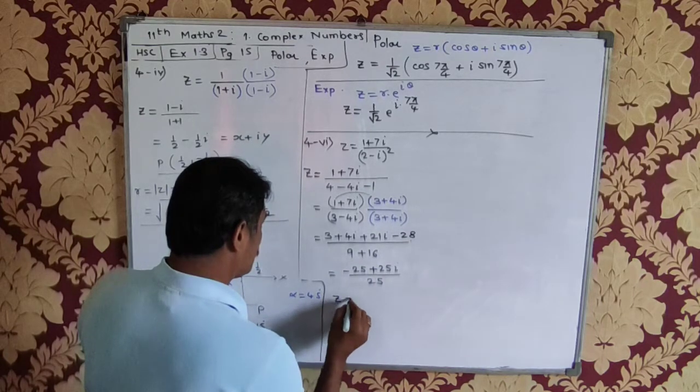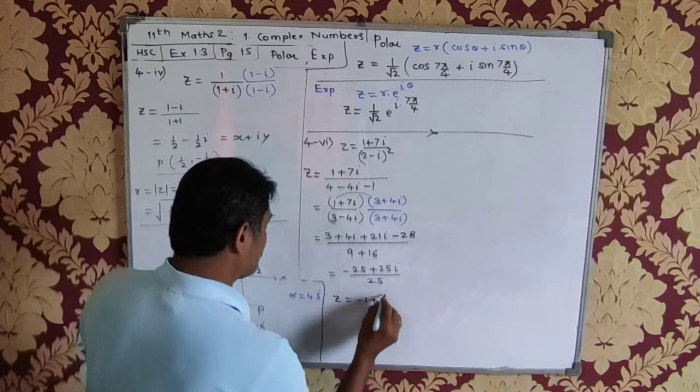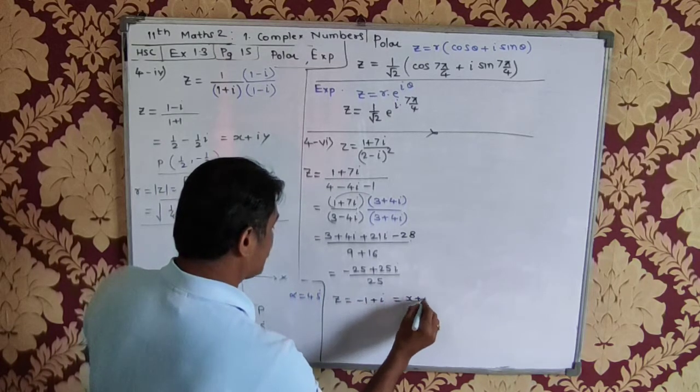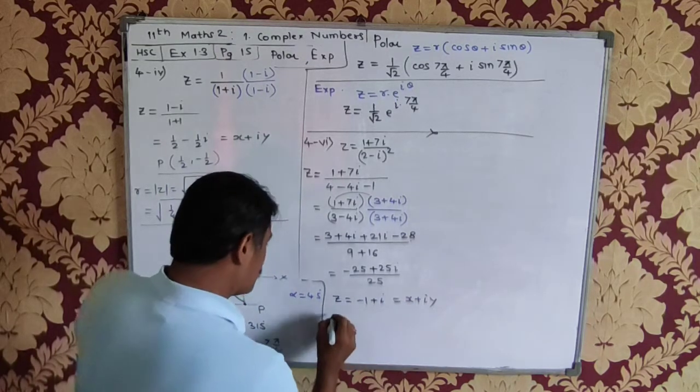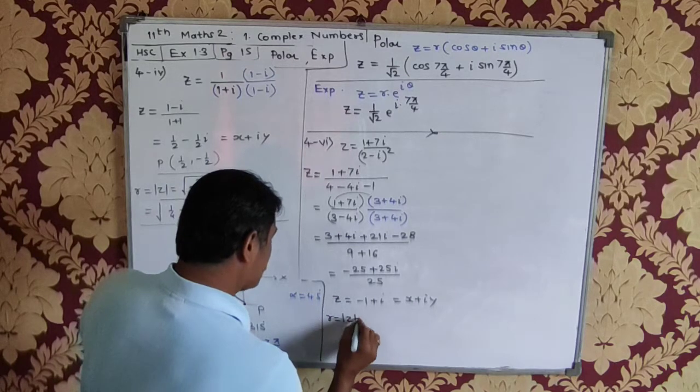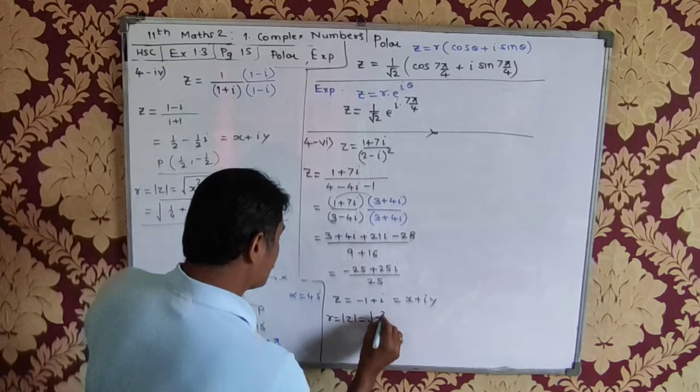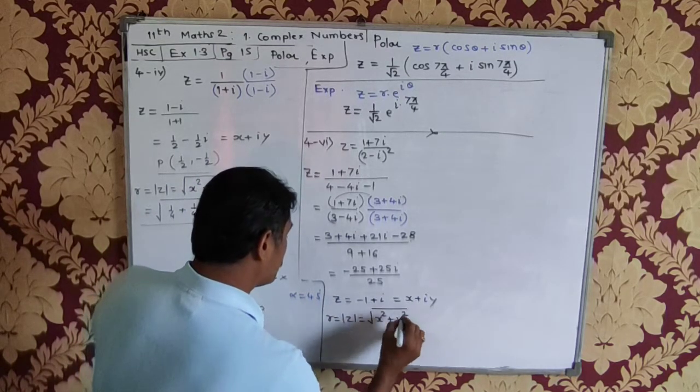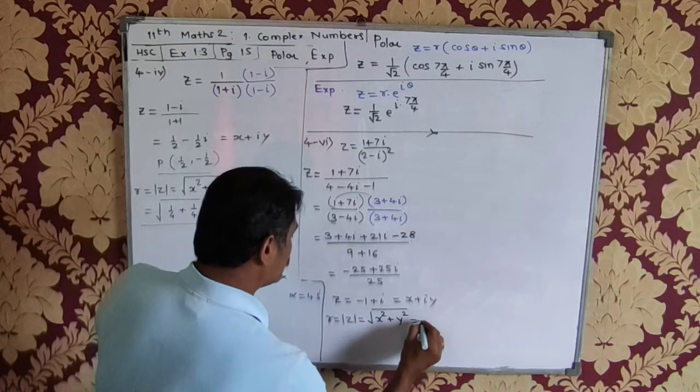So Z is equal to minus 1 plus i, which is equal to x plus iy. So r is equal to mod of Z is equal to square root of x square plus y square, that is equal to root 2.